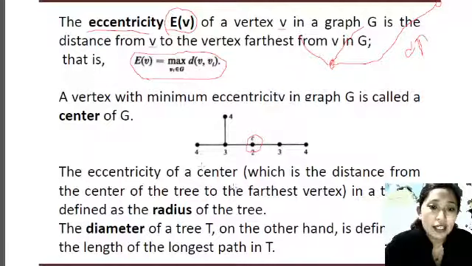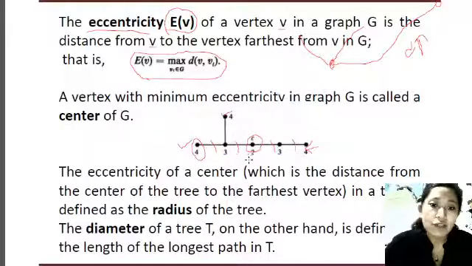So let us say for this vertex, its farthest vertex is this one, and the distance to it is the number of edges, that is 1, 2, 3 and 4. So its eccentricity is 4. Similarly for this vertex, the distance with the farthest vertex is 1, 2, 3, 4. So its eccentricity is 4.